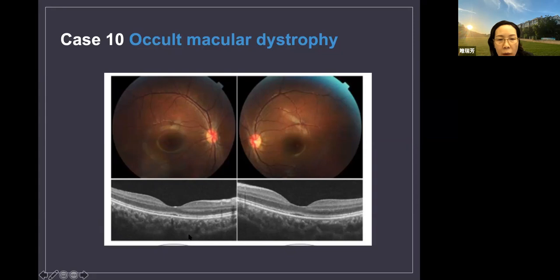Nowadays, with very clear OCT, we can see that occult macular dystrophy actually is not occult. We can see the ellipsoid zone is discontinued, and the interdigitation zone is also discontinued.